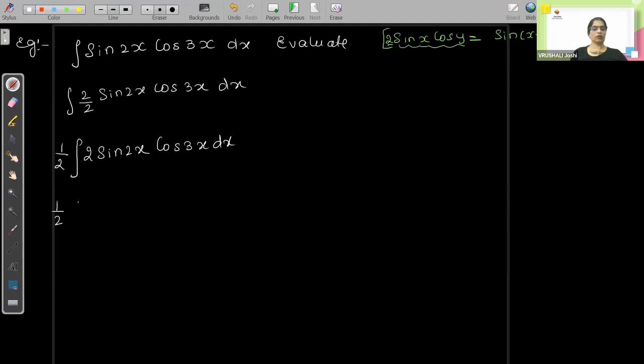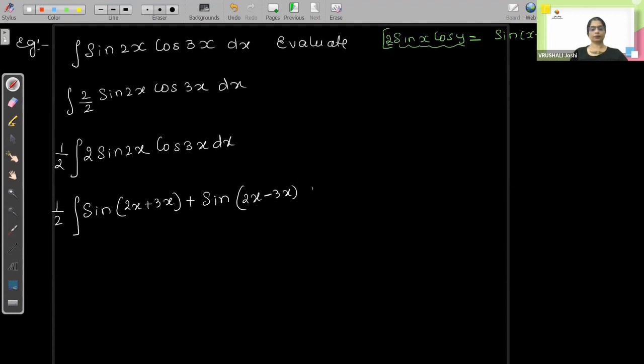So it is equal to half integration of 2 sin 2x cos 3x, which is the same as 2 sin x cos y. So I can write this as sin x plus y, which is sin 2x plus 3x, plus sin x minus y. X minus y is 2x minus 3x.